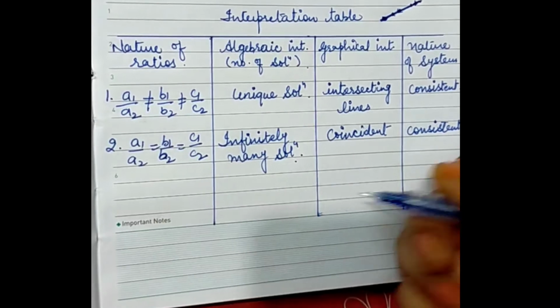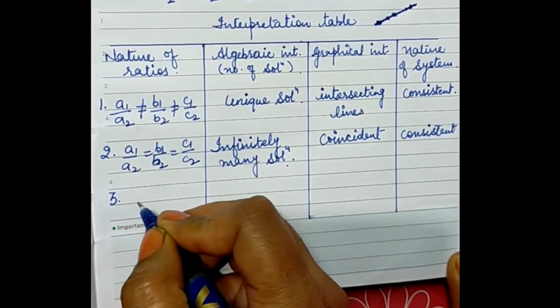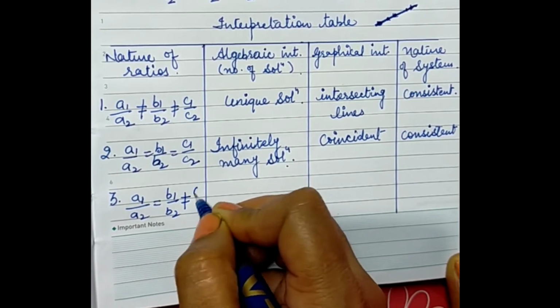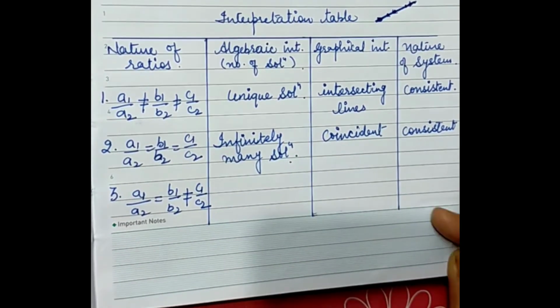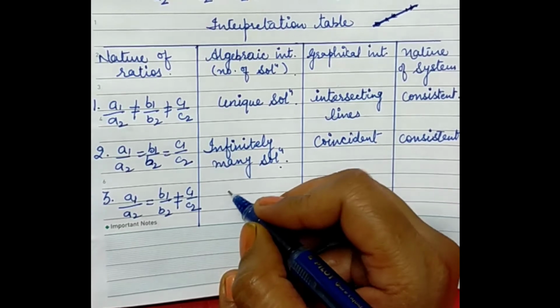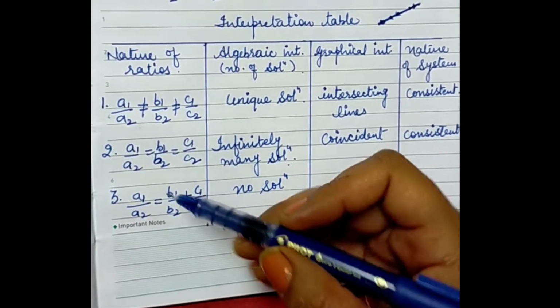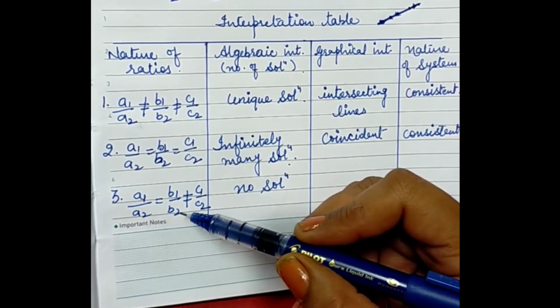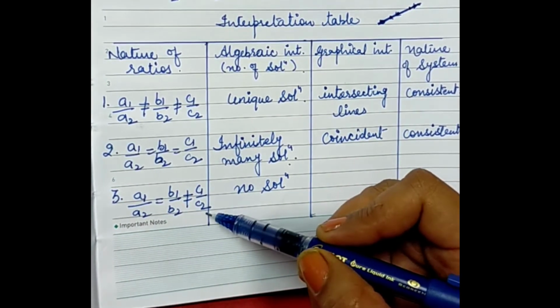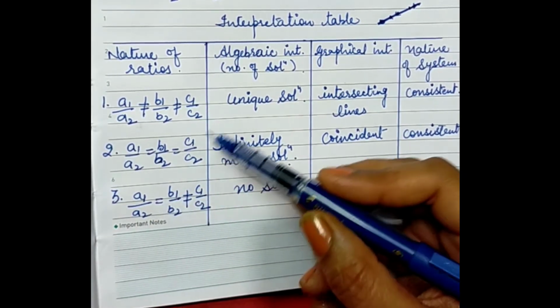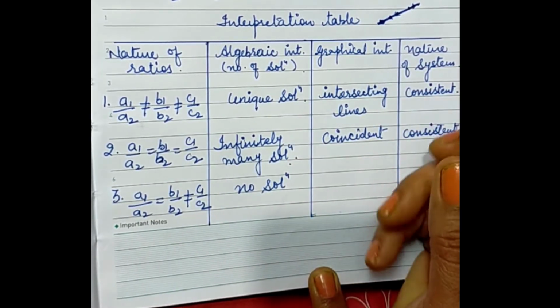Now the third thing: when two of the ratios are equal but the third ratio is unequal, that time there will be no solution. We have to take care of one thing. Always the first and second ratios should be equal and the third ratio should be unequal. If the first two ratios are unequal, definitely they will give a unique solution only.